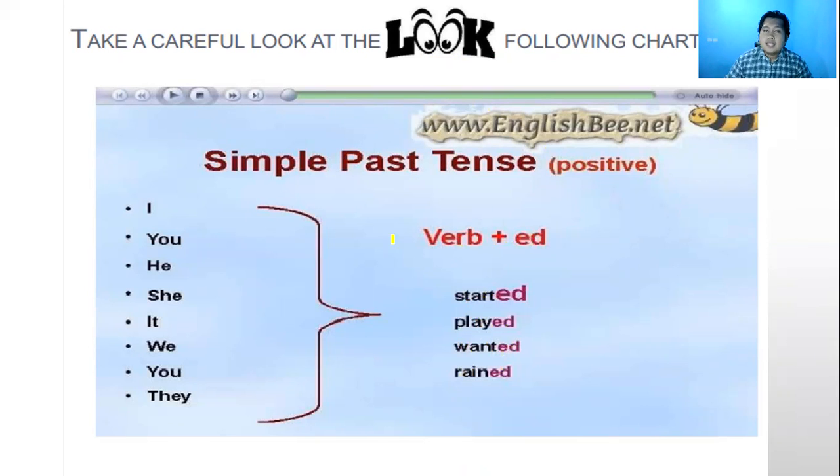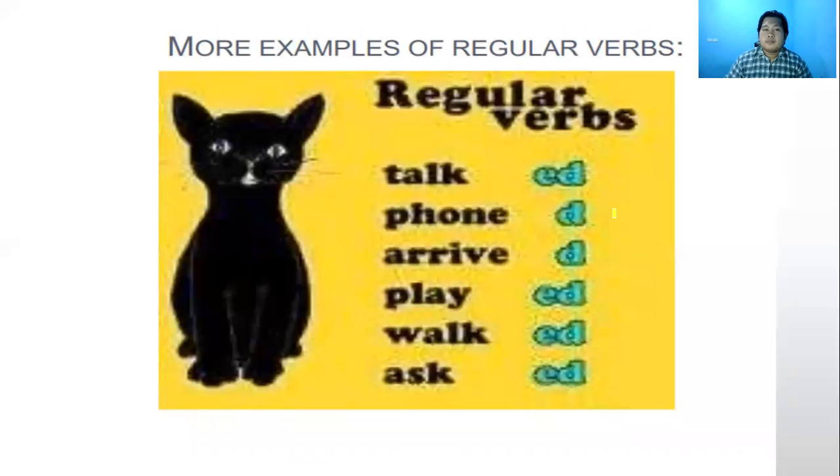Again, by adding ed or d at the end of the word, we make the verb a simple past tense. This is applicable for regular verbs. Understood? We add ed or d at the end of the verb to make it a simple past tense, and that is for regular verbs.